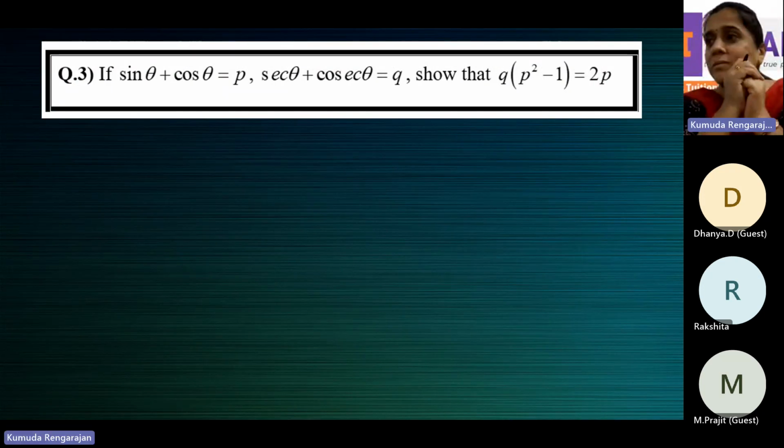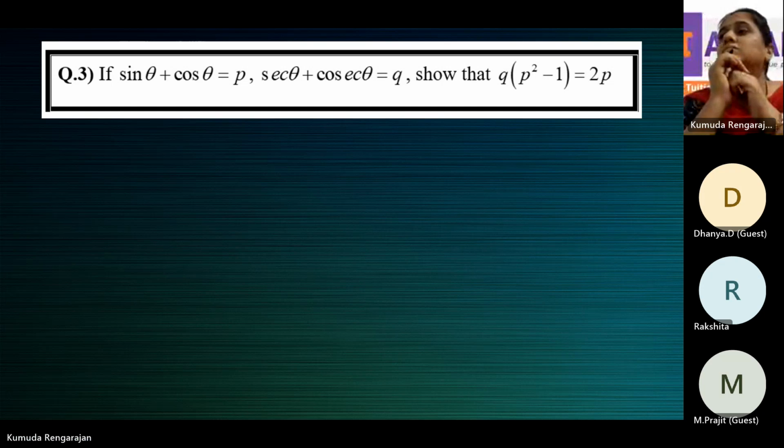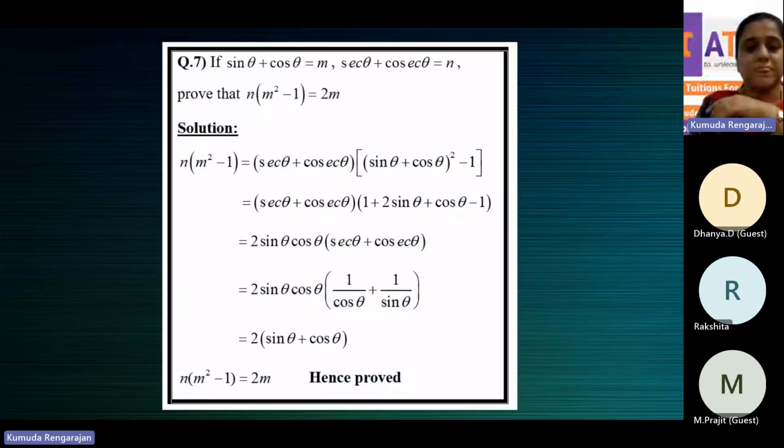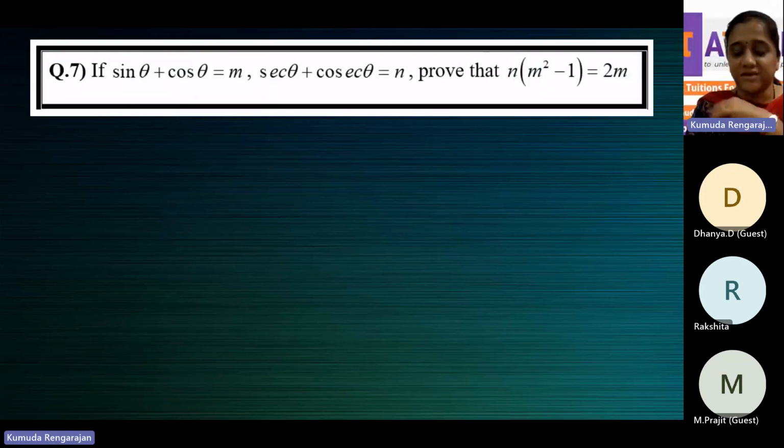See the previous one, this is secant theta plus cosecant theta. You have written cos all the way, is it? Oh, change it. Okay, we'll skip this one. Not this, sorry. Yeah, this one we'll skip.